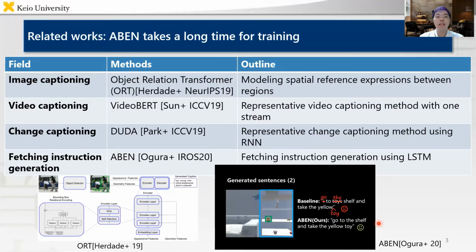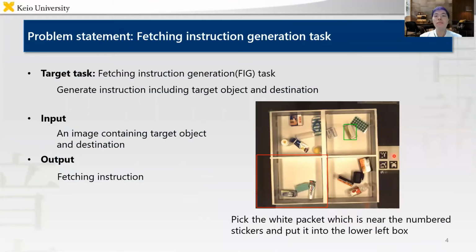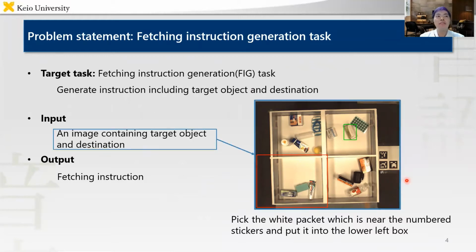Now, I'd like to show you the problem statement of our study. Based on our motivation in this research, the target task is a fetch instruction generation task for a target object and destination. In this task, the input to the model is an image containing the region of the target object and destination, as shown on the right.